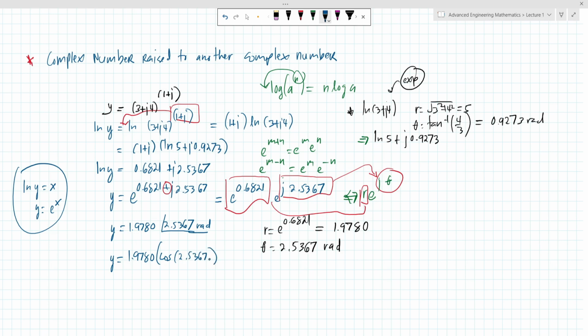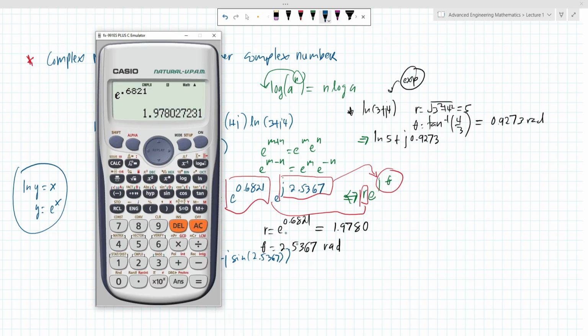If the degree sign is not written, understood it is in radian. So just type that in your calculator.